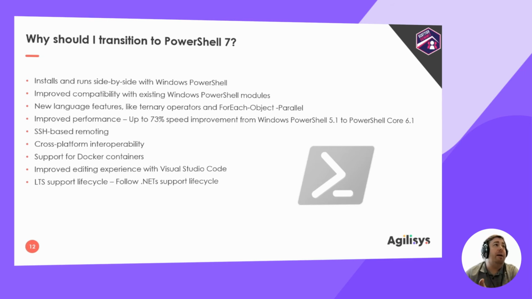They have an ISE compatibility mode in the PowerShell extension for Visual Studio Code. This gives it the look and feel, and it works in the same way that ISE does. So it really helps you make that transition easier from a development standpoint. If you're writing code, it's a nice, easy way of transitioning from one to the other.